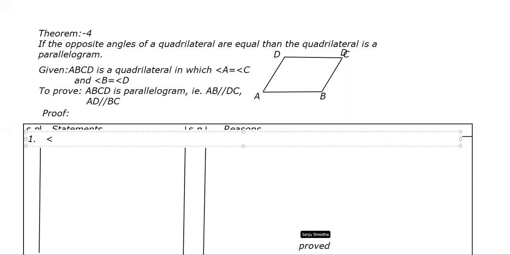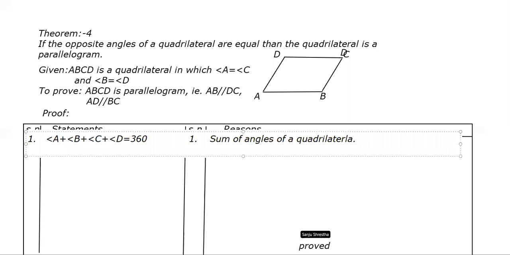So we can write angle A plus angle B plus angle C plus angle D is equal to 360 degrees, because the sum of angles of a quadrilateral is 360 degrees.